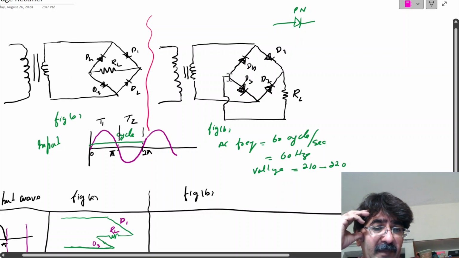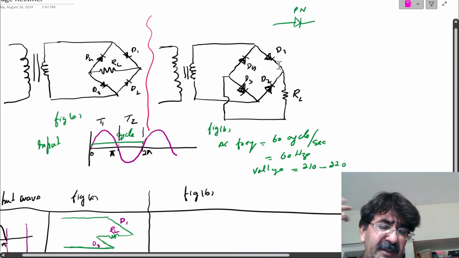As I have already explained, the voltage of the incoming positive part of the wave will be dropped by some value after passing through the load resistance. So the P part of D4 will face a less positive voltage, because its positive part is dropped due to the load resistance.